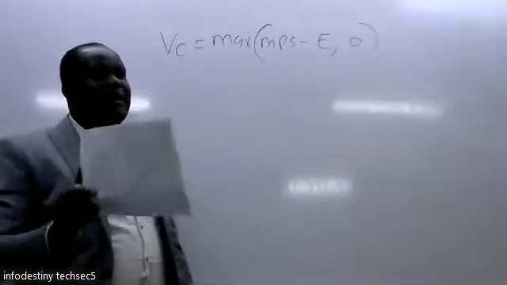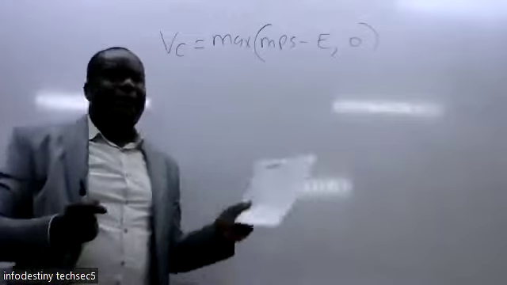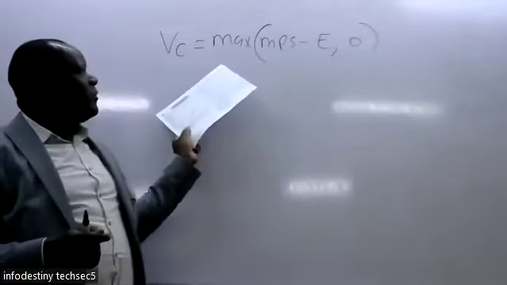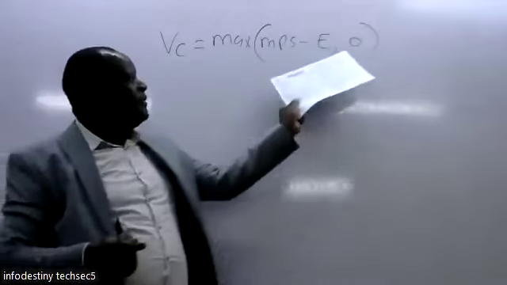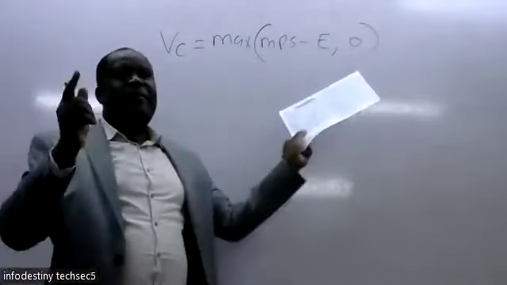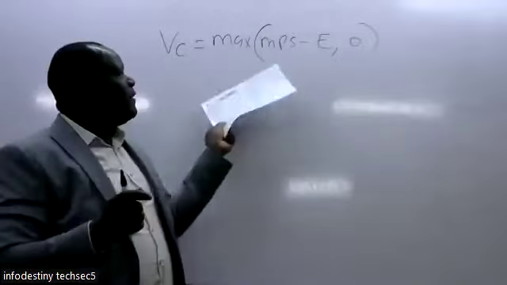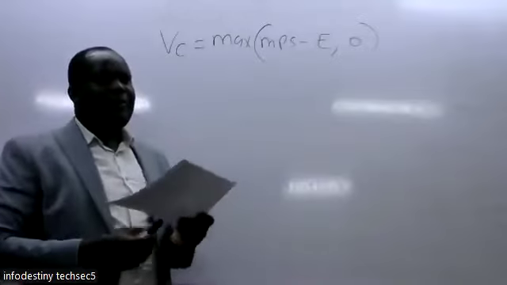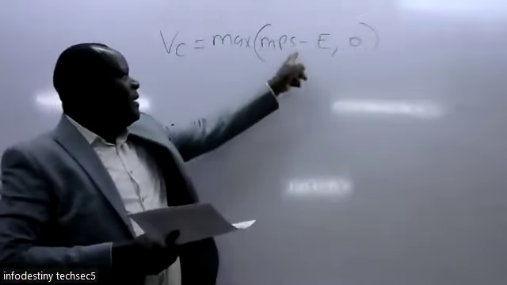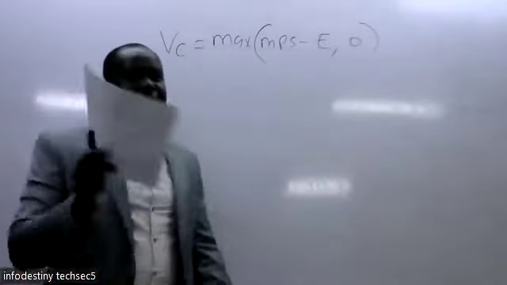Maximum means there is no limit upwards for the value of the call option. But this 0 simply means that the minimum value for the option must be equal to 0. If you get a negative, make it 0, because we take the market price of the security and subtract the exercise price.